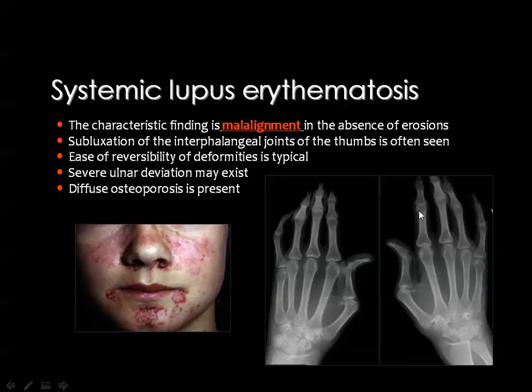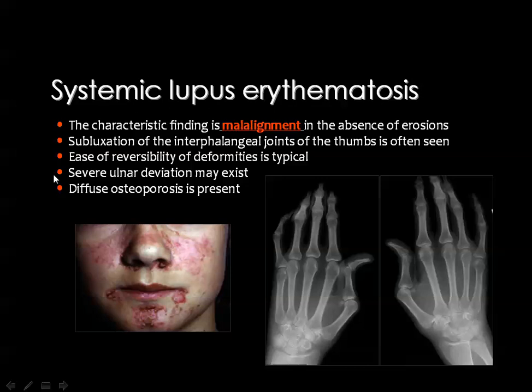Then one of the common findings in the hand is the subluxation of the interphalangeal joint of the thumb. Then you should know also that these deformities are easily reversible. Even if you put your hand on the X-ray table, the deformities will come back to the normal alignment.